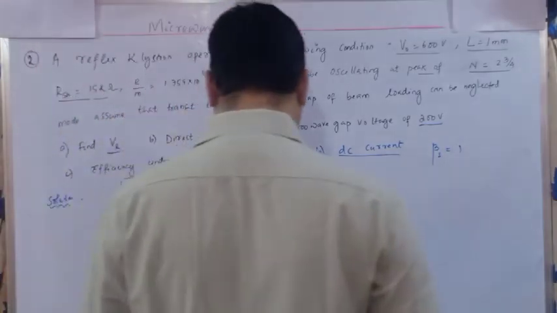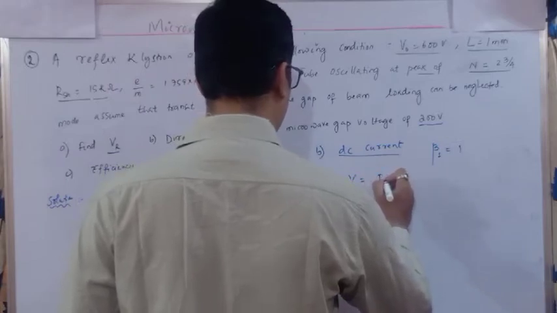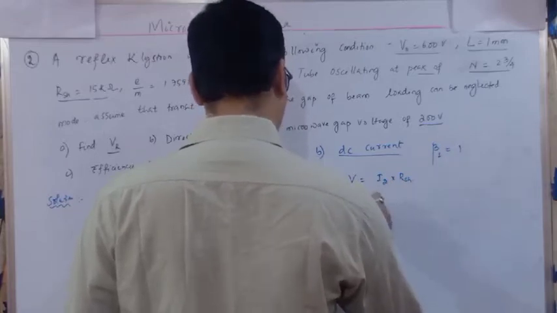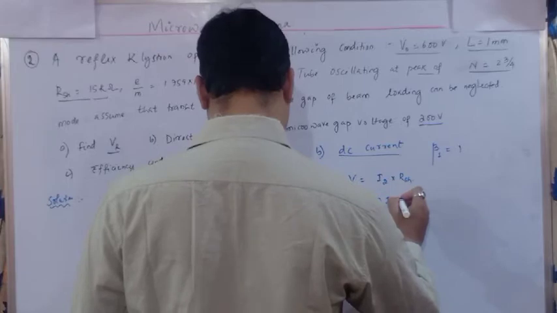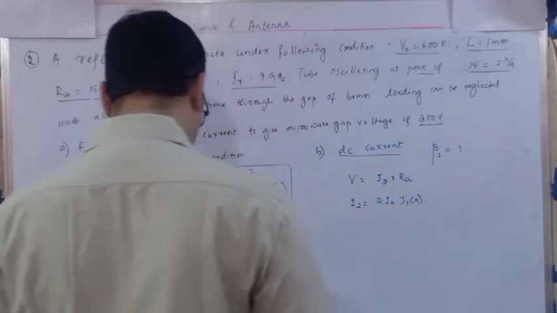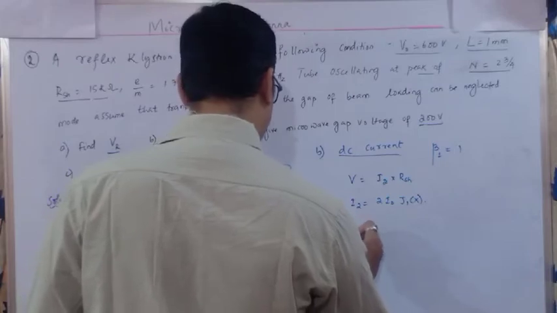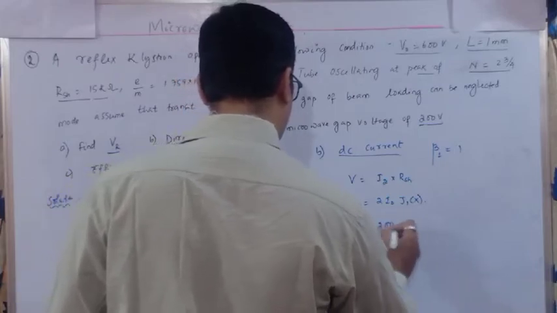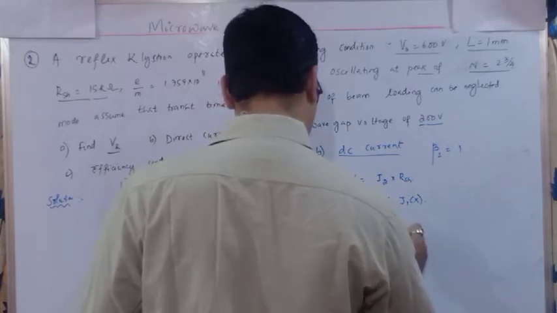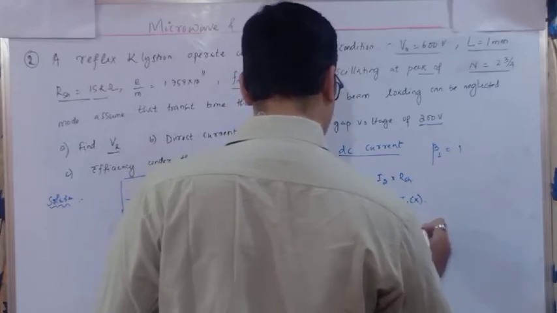So beta is equal to 1 and V2 is equal to I2 into RSH, where I2 is equal to 2 I naught J1 of X. So this value we can determine as I naught is equal to 200 divided by 2 into 0.52 into 15 into 10 to the power 3.